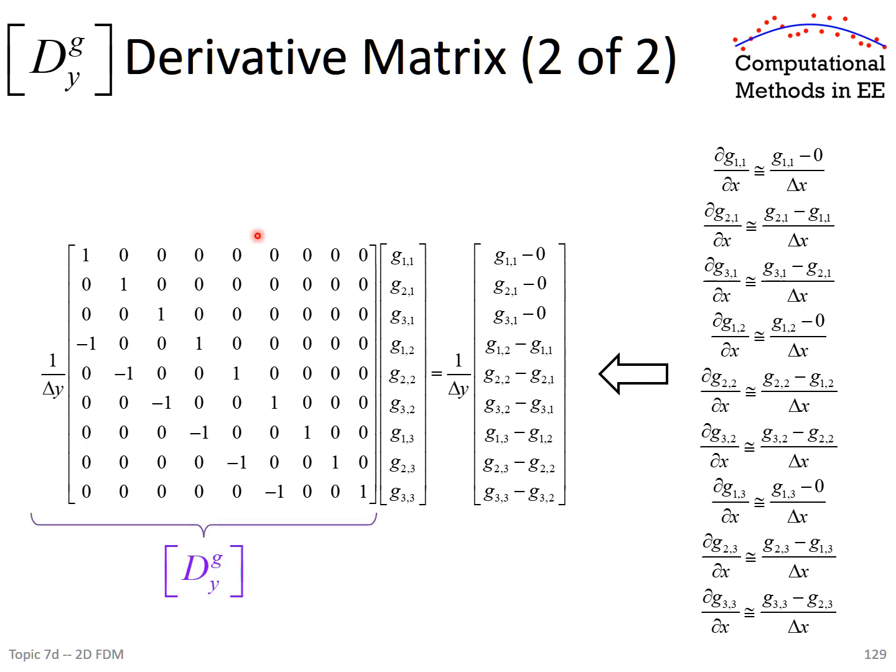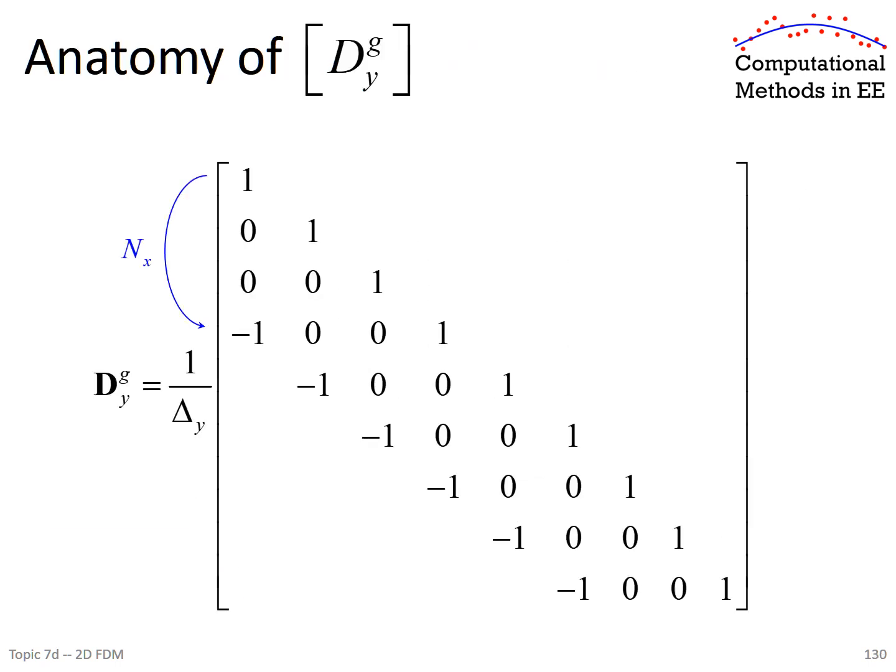After we've done this, we have constructed our derivative matrix, our left-handed derivative matrix in the y direction. And looking at the anatomy of this so that we know how to build it for any size grid, we will always have ones going down the center diagonal, positive ones, but we're going to have negative ones going down a certain number diagonal below that.